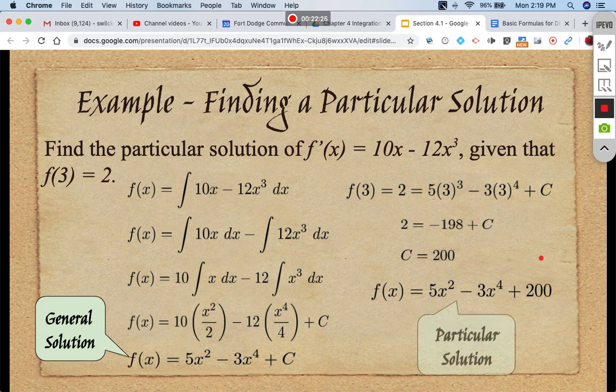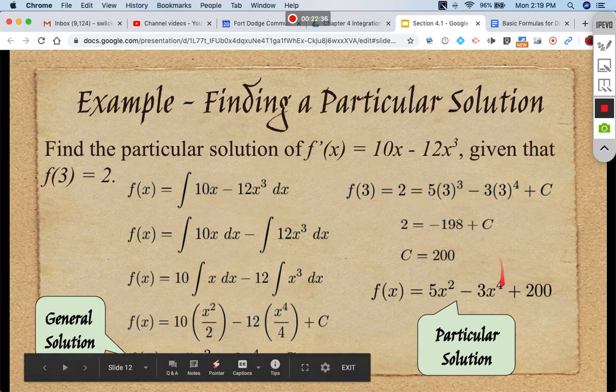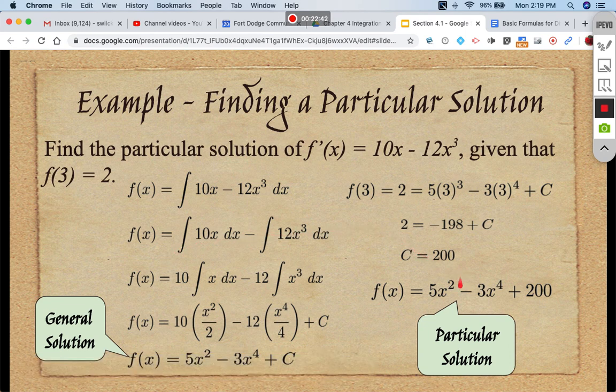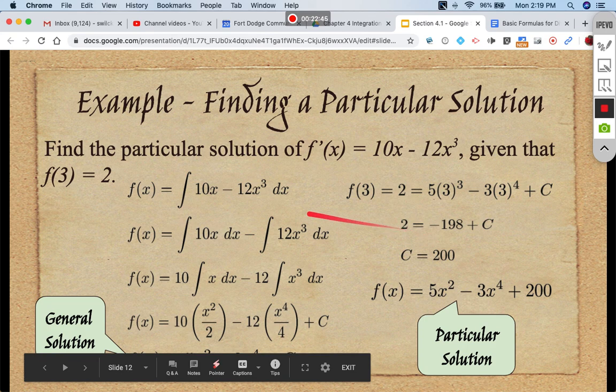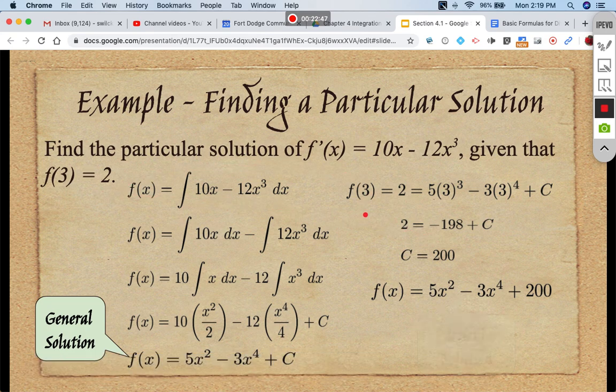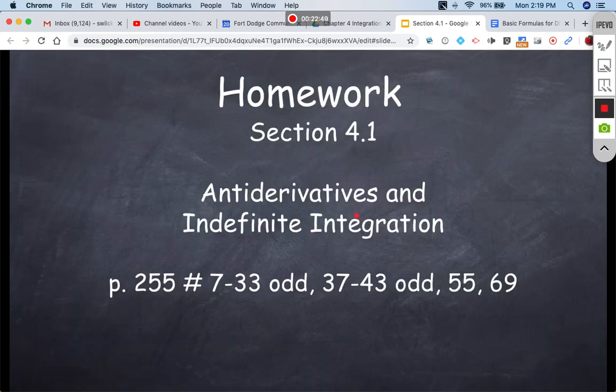So this can give me the particular solution I want. And so that's the one thing you need. When you solve a differential equation, you're going to get a general solution, a function, an equation. To get a particular solution, you're going to need to have some initial condition. So, have at it.